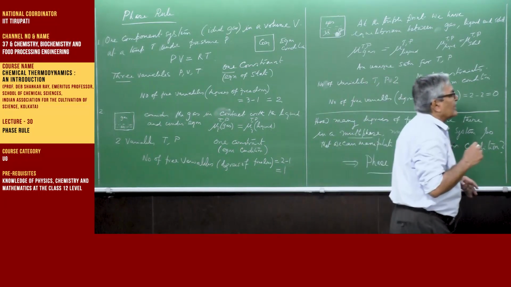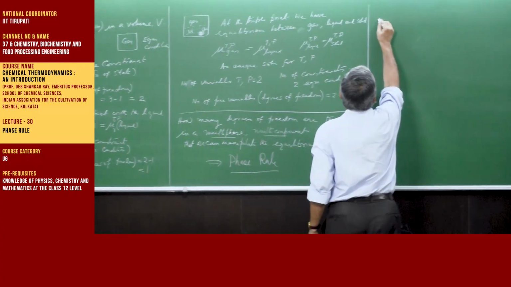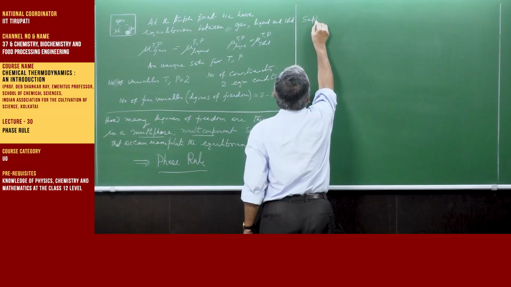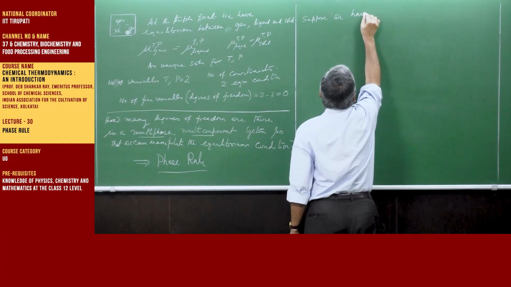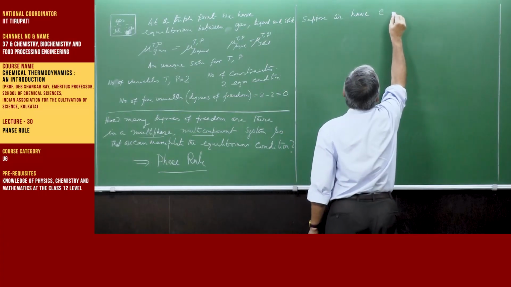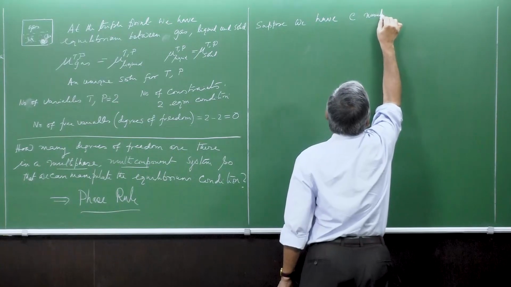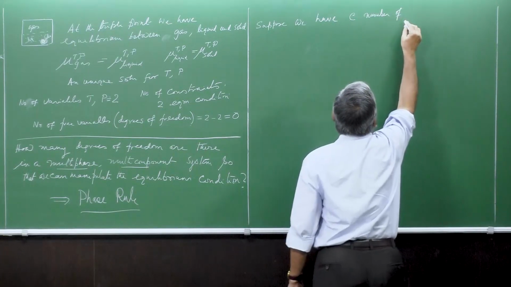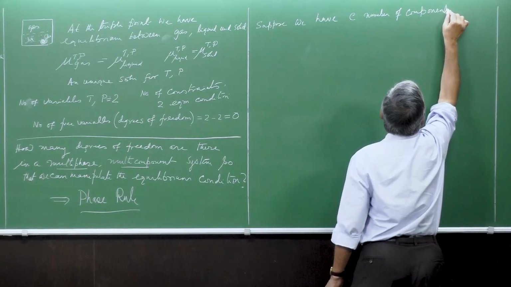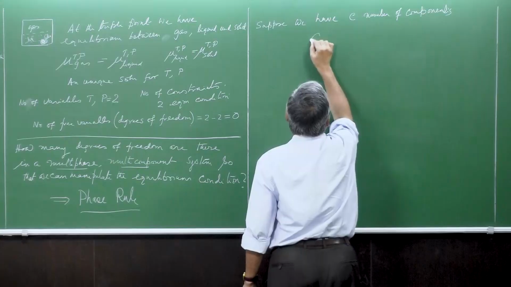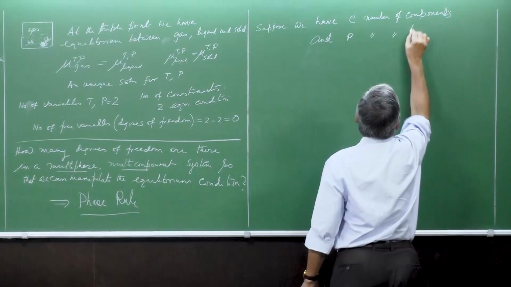Now suppose we have C, the number of components or species, and P, the number of phases.